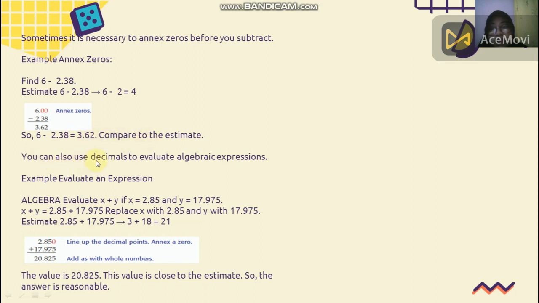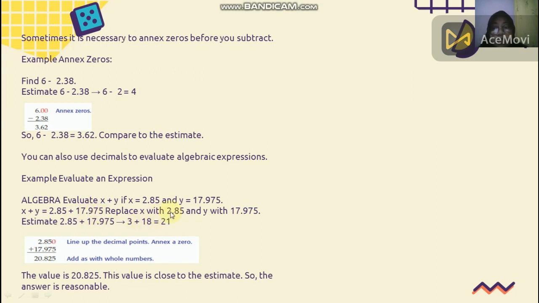We can also use decimals to evaluate algebraic expressions. Example, evaluate an expression. Algebra, evaluate x plus y if x is equal to 2.85 and y is equal to 17.975. x plus y is equal to 2.85 plus 17.975.